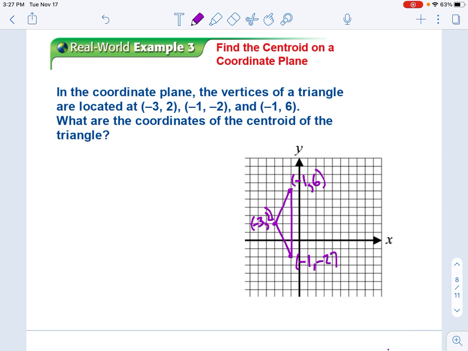So all I've done so far is graph them and label the coordinates. Now I'm going to find all my midpoints.